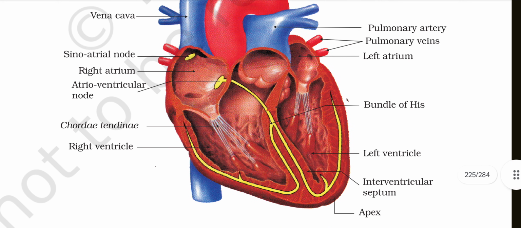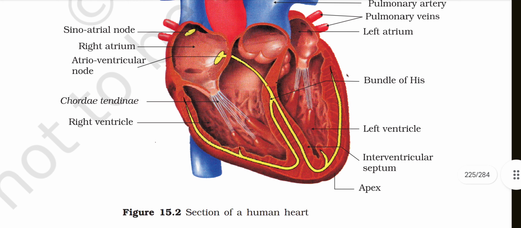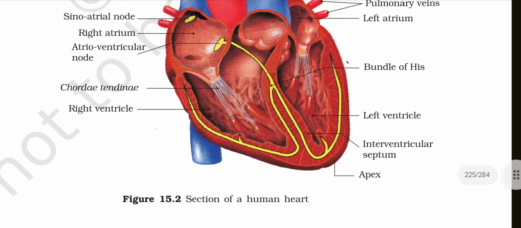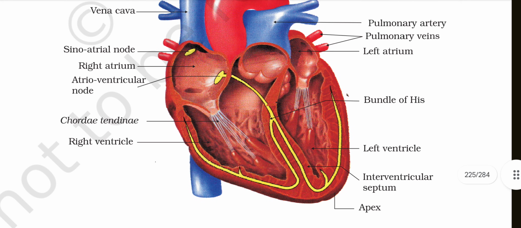Then the bundle of His we can see in the diagram too. It is the structural musculature which is spread all over the ventricular wall. Between the left atrium and left ventricle, the mitral valve is present, that is the bicuspid valve.